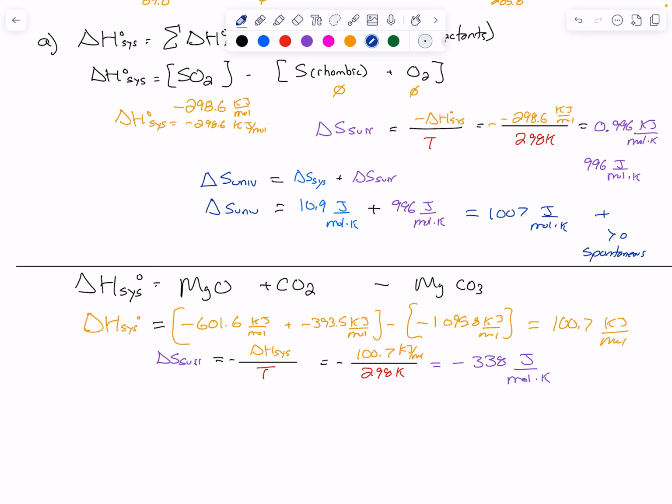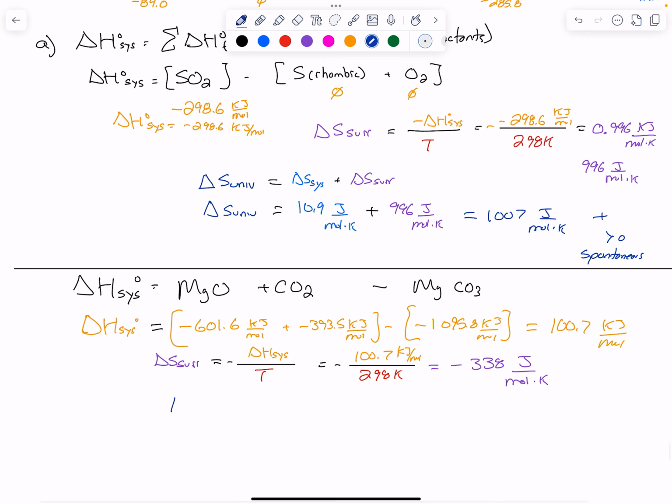And then we're going to do the delta S universe again: our system plus our surroundings.